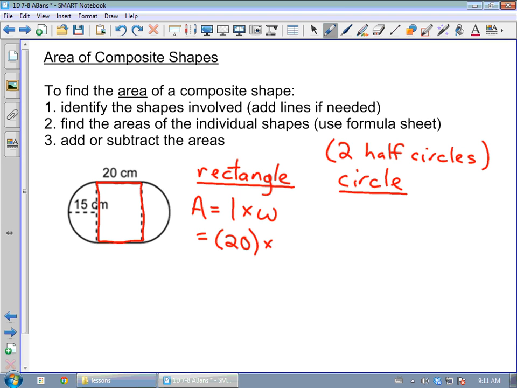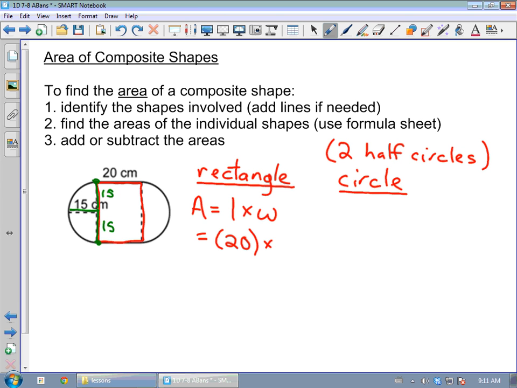We're given this distance right here is 15. That's the radius of our half circle. If this is 15 from here out to here, then from here down to here also has to be 15, and from here up to here also has to be 15. From this point to this point is the diameter of our circle, which is twice the radius.